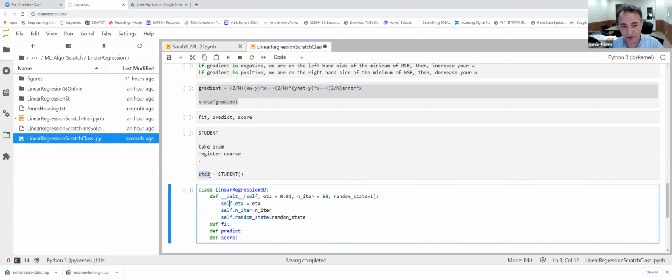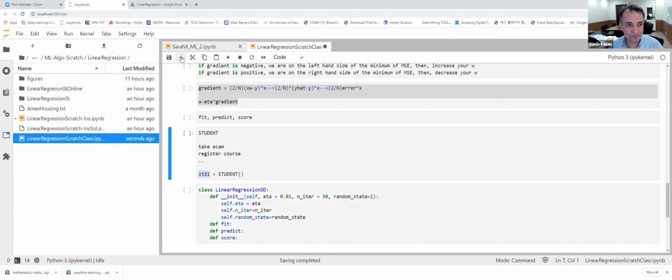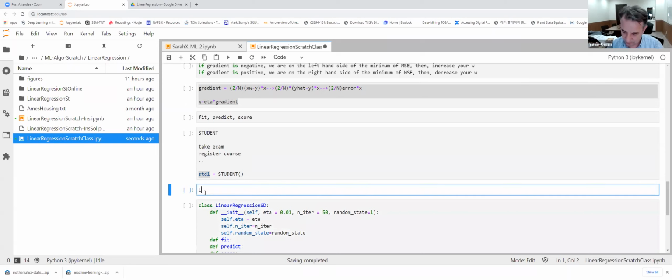Self is referring to an instance. Whenever I call this linear regression, later on I'm going to do this, and then let's say this is my first linear regression. And then I can call this one more time.